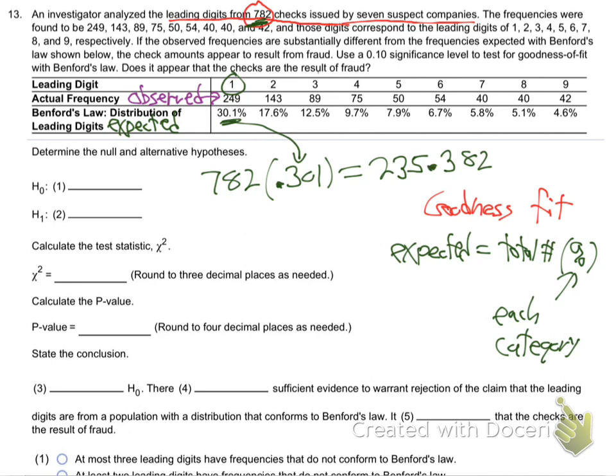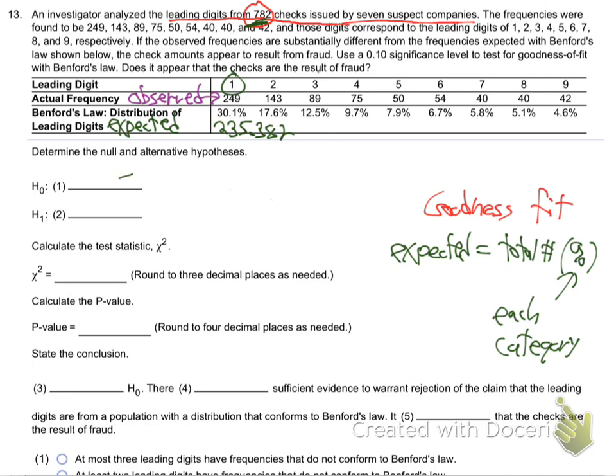That's how many checks we expect from Benford's law to have a leading digit of 1. So that's what goes right here, 235.382. And you've got to use all this accuracy. In fact, why don't I just write here's the expected numbers I got.